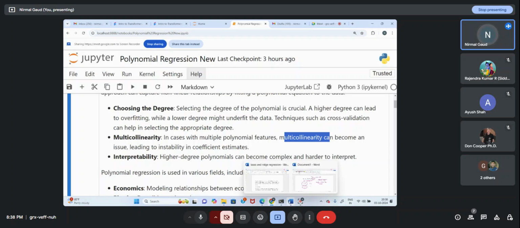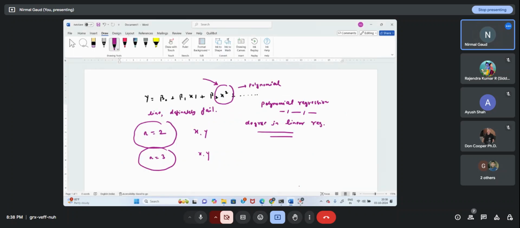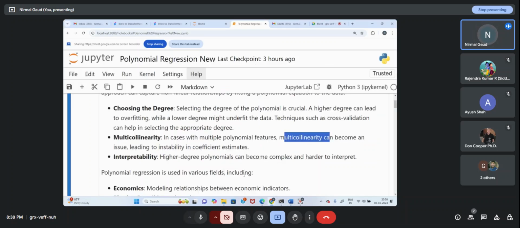For example, if you are having y equal to beta naught plus beta 1 x1 square plus beta 2 x2 square, and they are showing multicollinearity, then that's an issue. Okay, because that's one thing which is responsible for overfitting in a model.